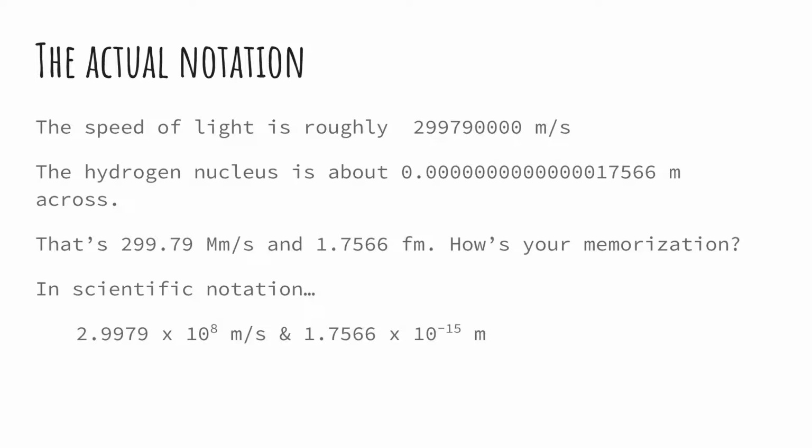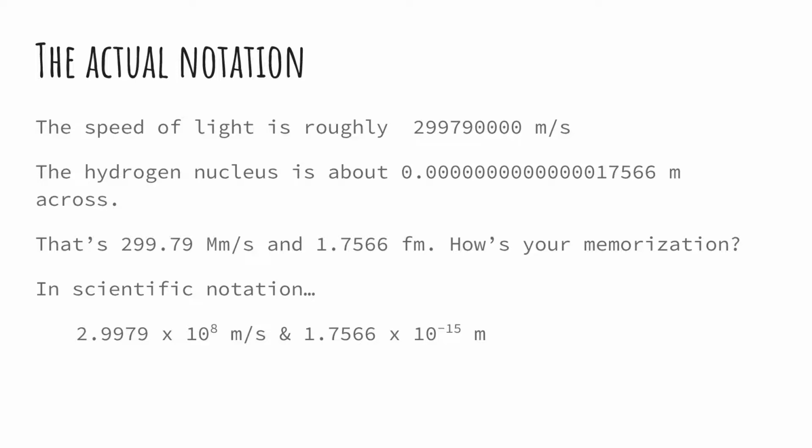So 10 to the negative 2 is divided by 10 to the second. 10 to the second is 100, so it becomes 100 times smaller. 3.2 times 10 to the negative 2 is 3.2 divided by 100, that's 0.032. So that's what this exponential notation gives us.